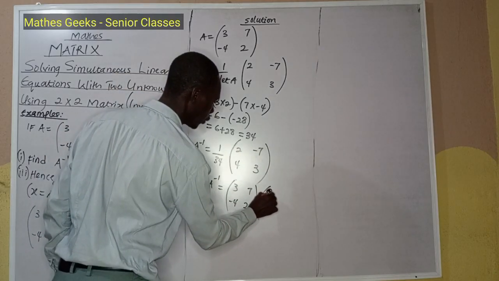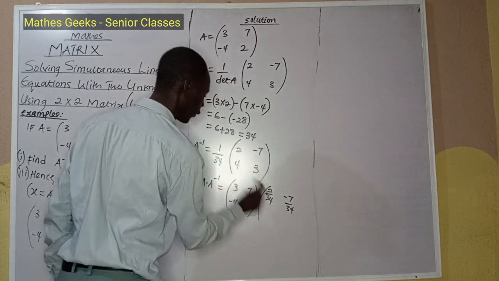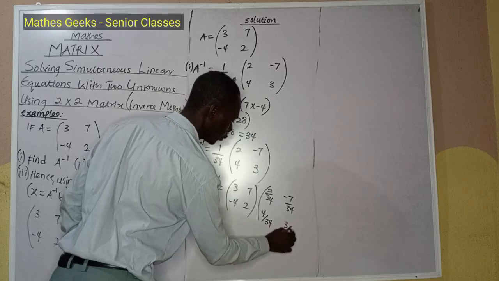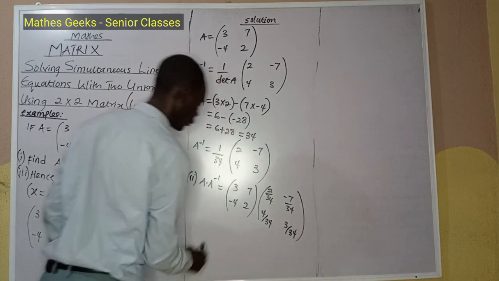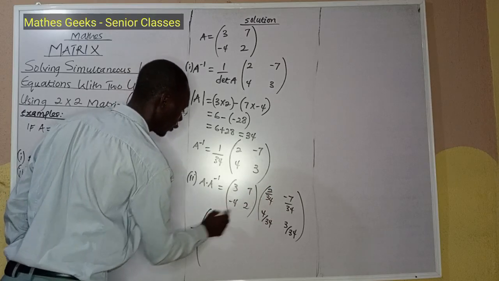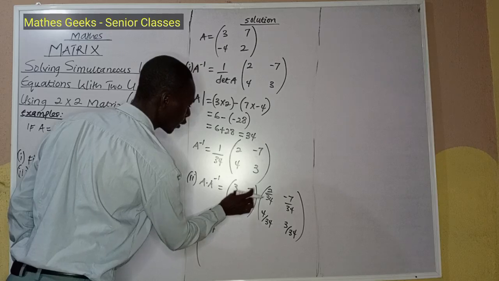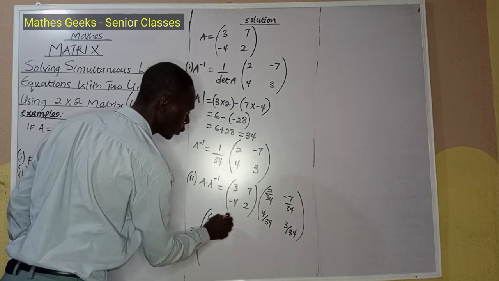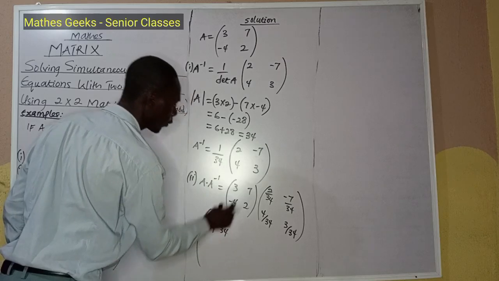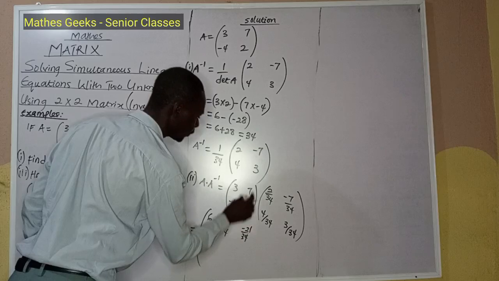So this will give us 2 over 34, -7 over 34, 4 over 34, 3 over 34. 3 times 2 over 34 gives us 6 over 34, plus 7 times 4 over 34 gives us 28 over 34.